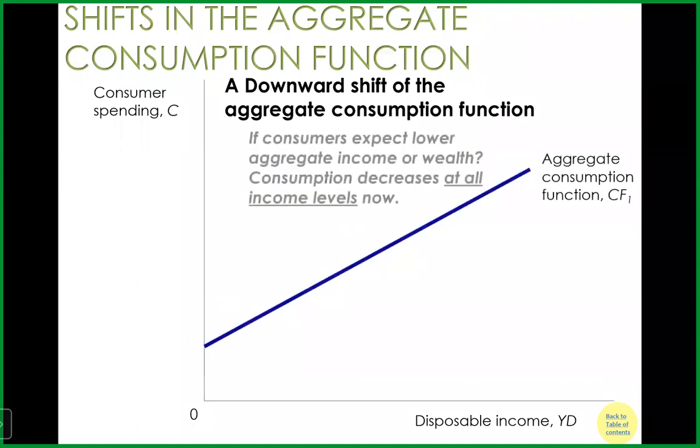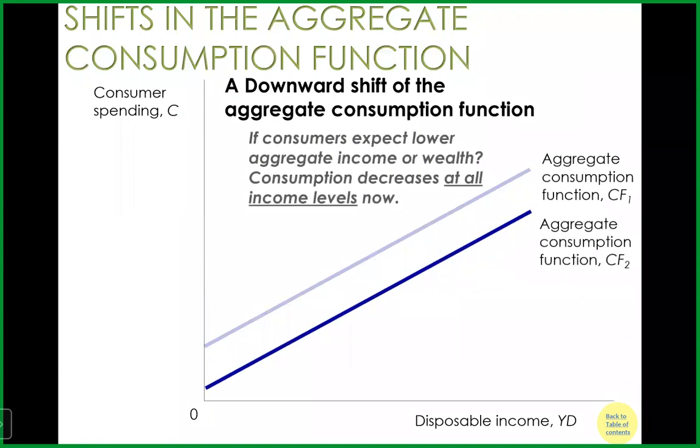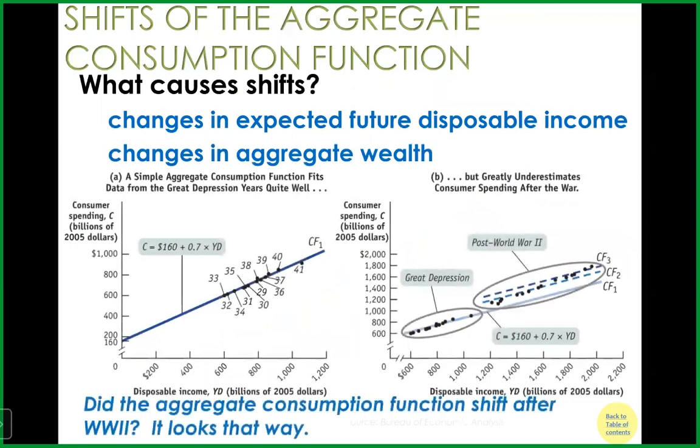So this is the opposite. If this curve shifts down, meaning there's a decrease in spending, usually it's because you become pessimistic about the future. So those are the causes.